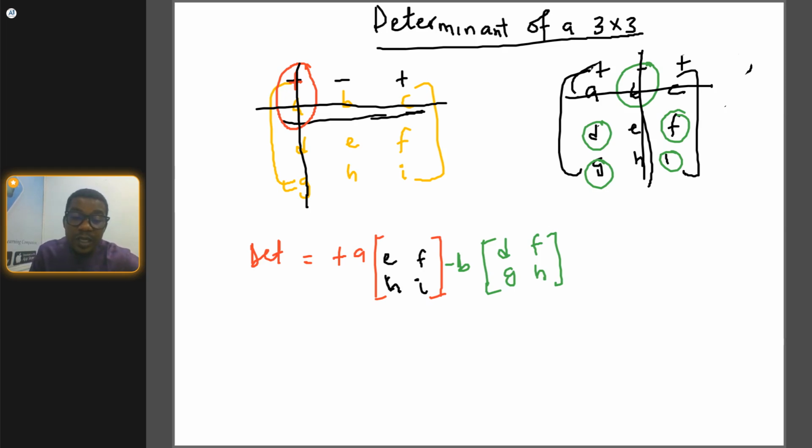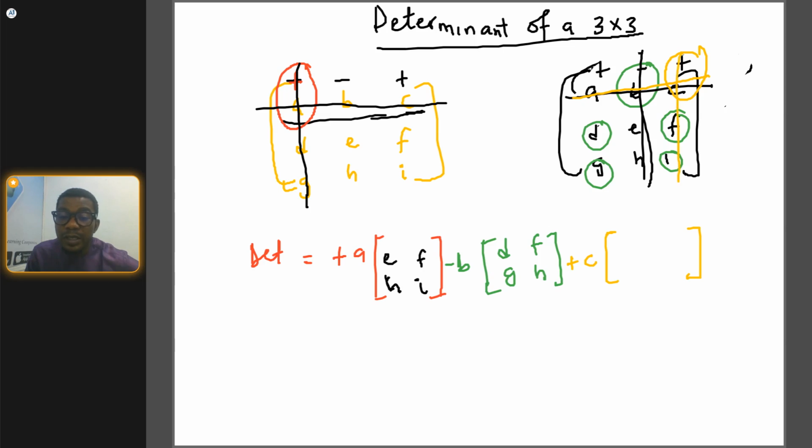Then we'll go ahead and do the same thing for C. If I'm selecting plus C now, I'll have plus C here. Now we need to cancel out the values related to C on the vertical and the horizontal. Already the horizontal has been cancelled, but the vertical has not.